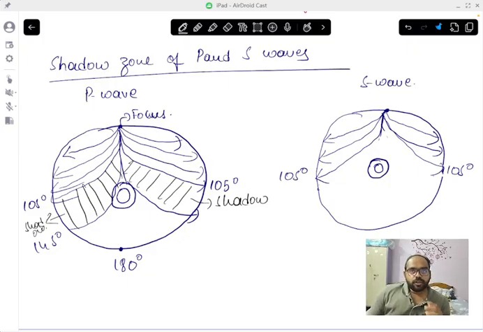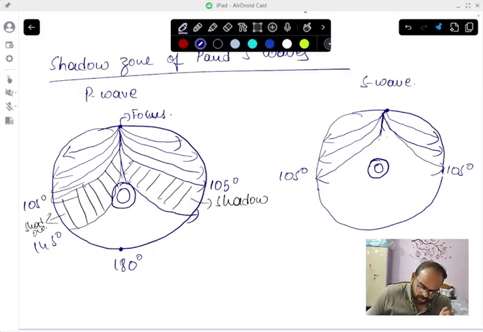That is, beyond 105 degrees, due to a sudden change in the density, these P waves got slowed down. They deflected in such a way that they again appeared at 145 degrees, and from here onwards they travel again.